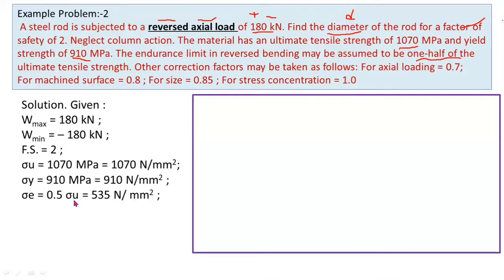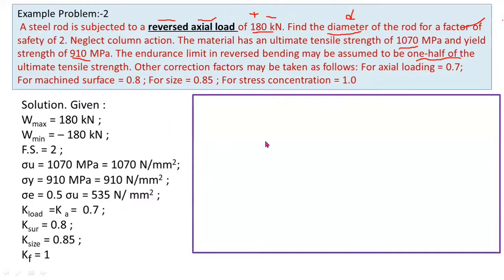You substitute the value of sigma u in this equation, then you will get the value of sigma e. That is 535, the value of endurance limit. This is the load factor, K load factor equal to 0.7, surface finish factor equal to 0.8, size factor equal to 0.85, and stress concentration factor Kf equal to 1. These all are given values.